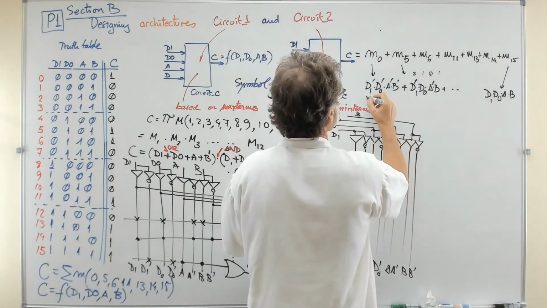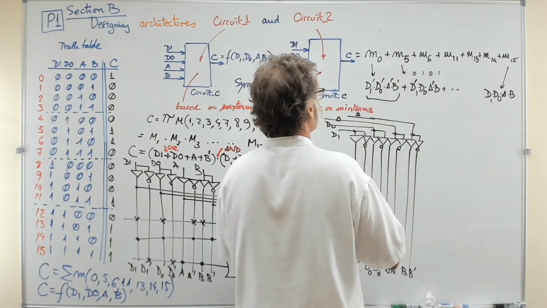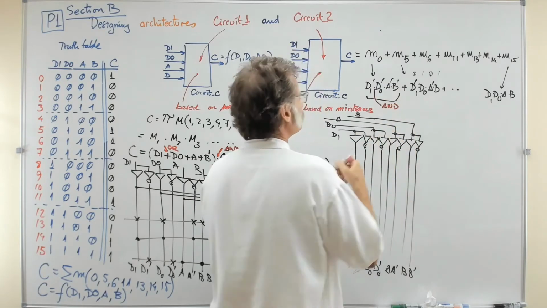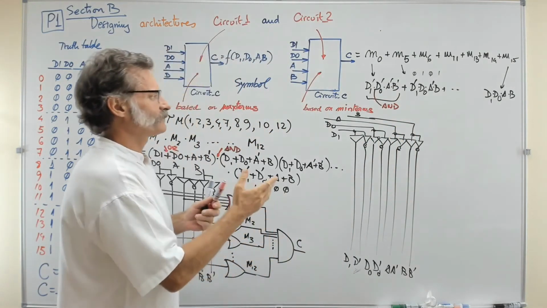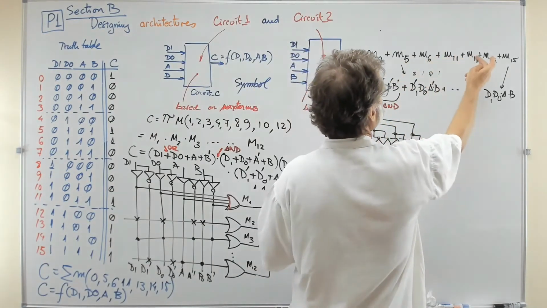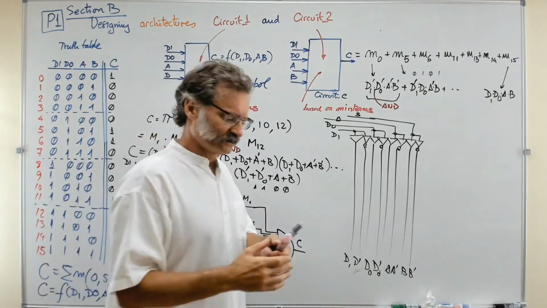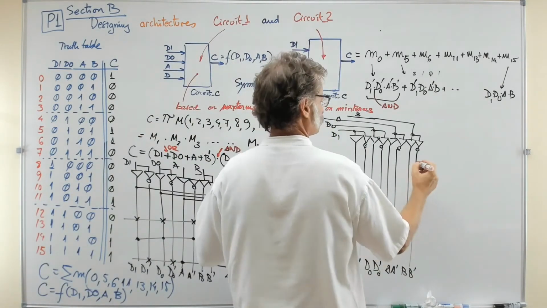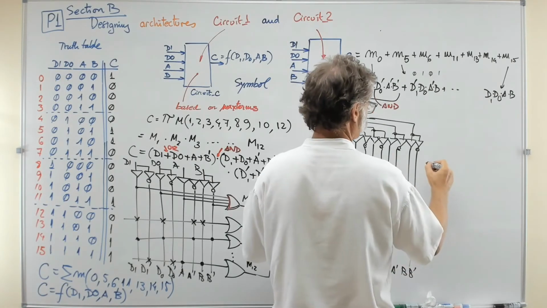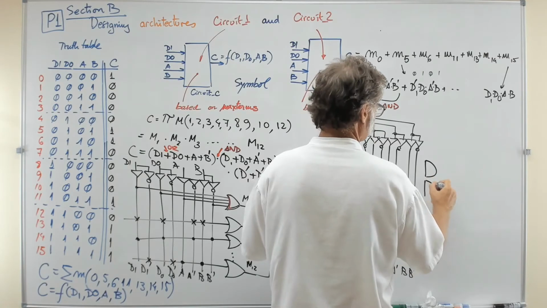Let's implement this AND. You see what you've got here is an AND. So what is required here is 1, 2, 3, 4, 5, 6, 7 NANDs of 4 inputs each to do so. So this is going to be the AND, okay? An AND, and then another one.